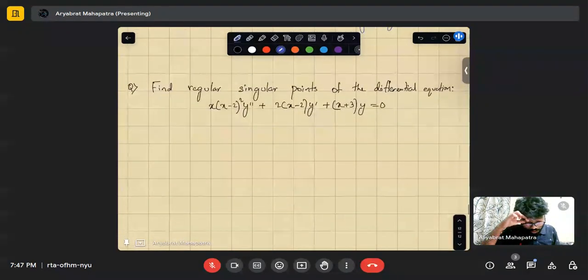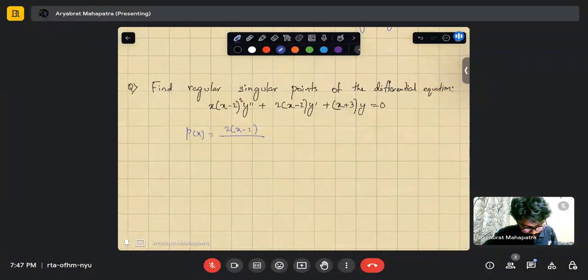The same you can check for a regular singular point in this case. Here also, I can directly write what p of x is. P of x is basically 2x minus 2 by x times x minus 2 squared, or that is basically 2 by x times x minus 2, and q of x is x plus 3 by x multiplied by x minus 2 squared.